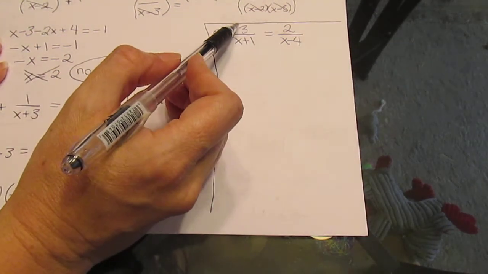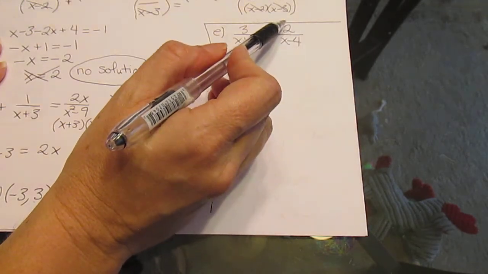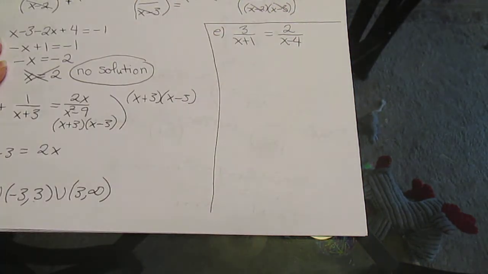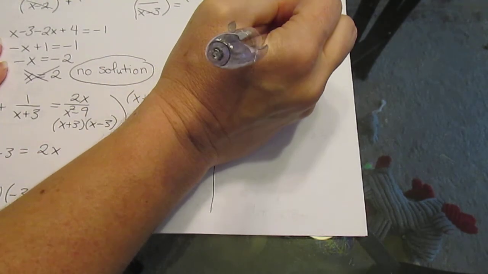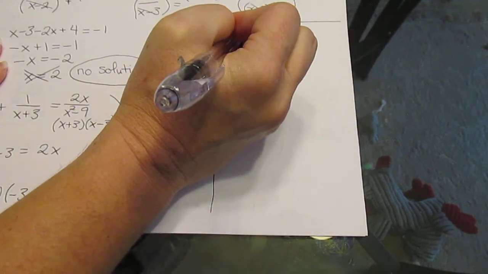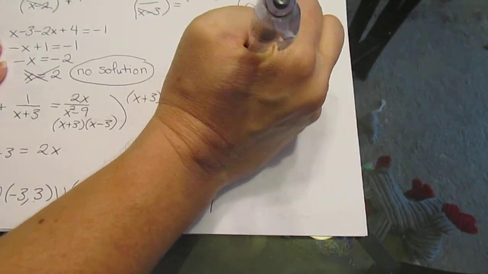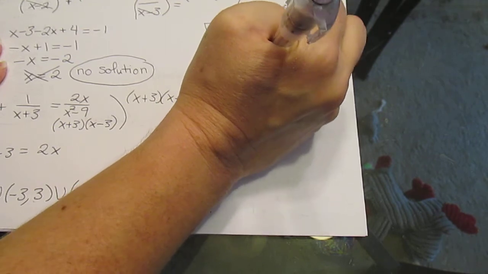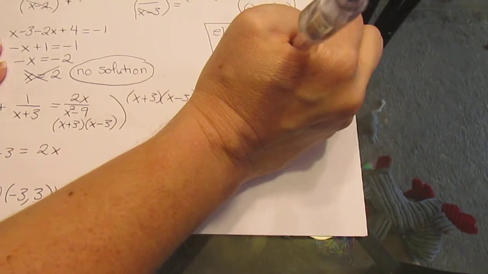We've got just one fraction on this side and one fraction on this side. We can cross multiply. Okay, so when we cross multiply, we're doing exactly that. We're taking 3 times x minus 4 equals 2 times x plus 1.